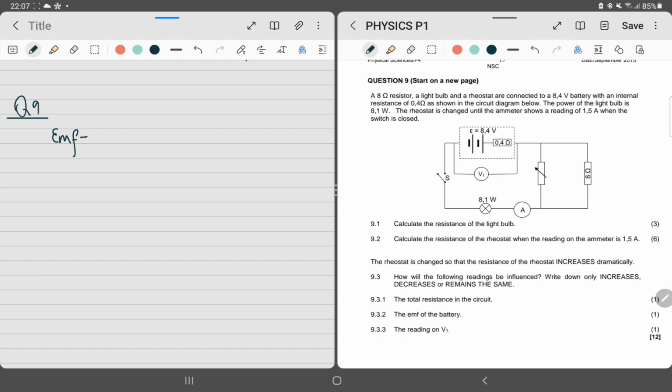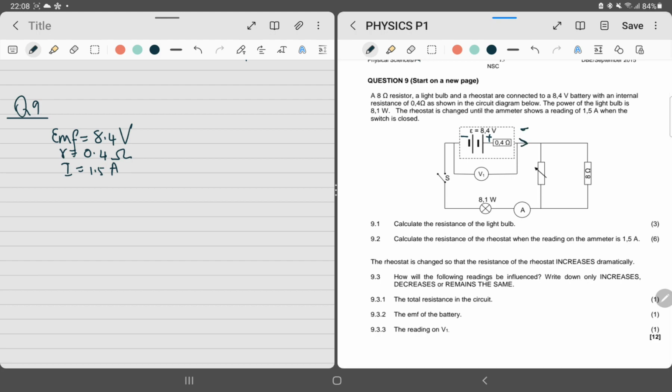The EMF is equals to 8.4 volts. Internal resistance, it's 0.4. And then the current is equals to 1.5. Okay, so this side is the positive, this side is negative.